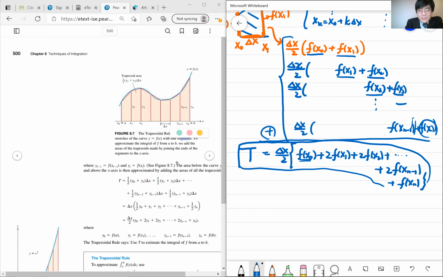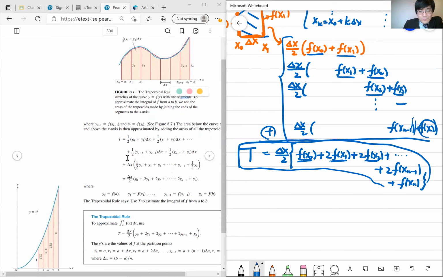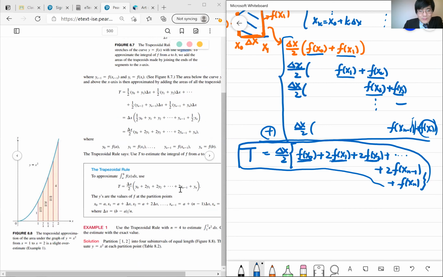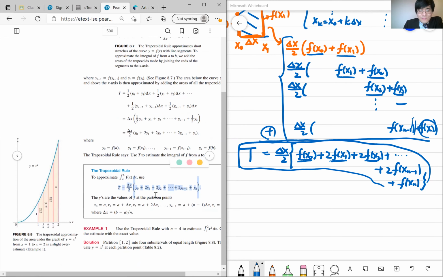In the textbook, this is y0, this is y1, and this is y2, and so on. So here's the formula for the trapezoidal rule: delta x over 2 times 1 of y0, plus 2 of y1, y2, y3 up to yn minus 1, plus just 1 of yn.